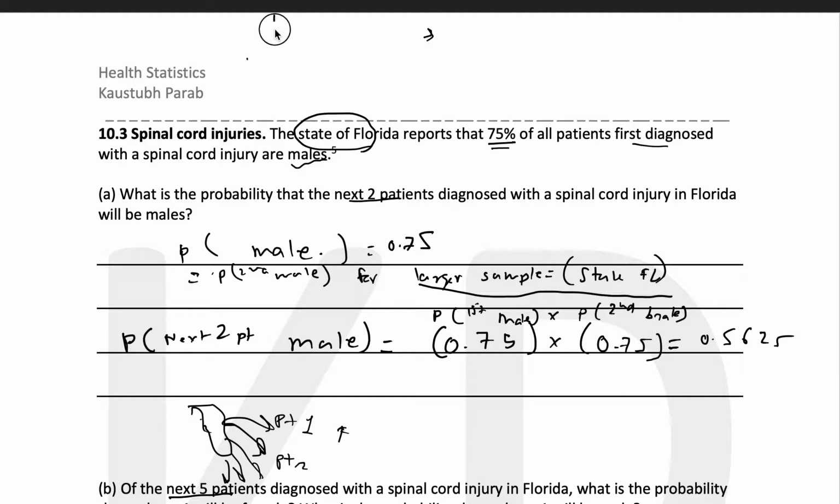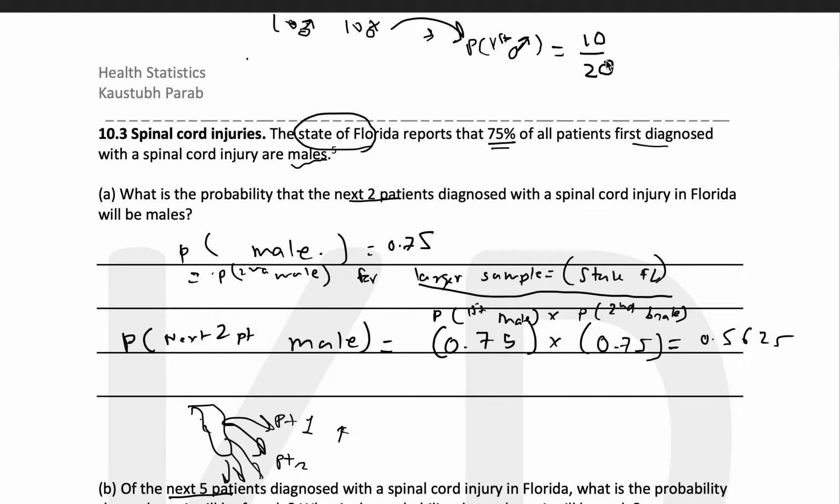Let's say there are 10 male frogs in a pond and 10 female frogs in a pond. If you want to draw a frog randomly, what is the probability that the first frog will be male? That will be 10, because there are a total of 10 males, over 20, because there are 20 total, 10 plus 10.